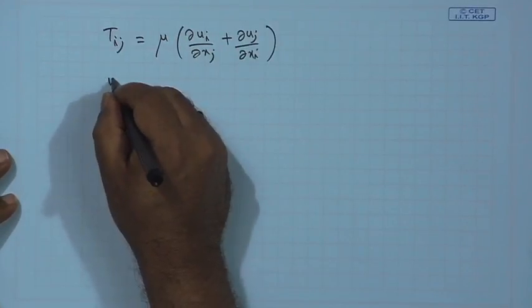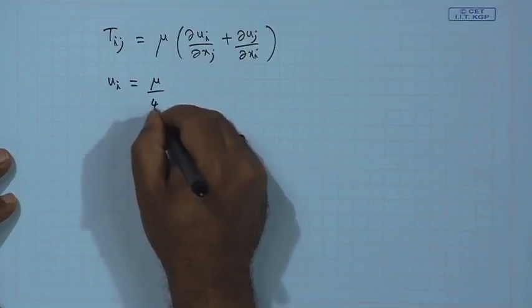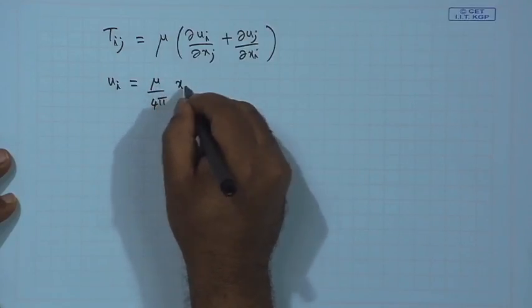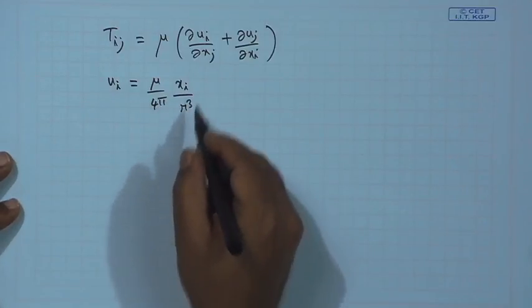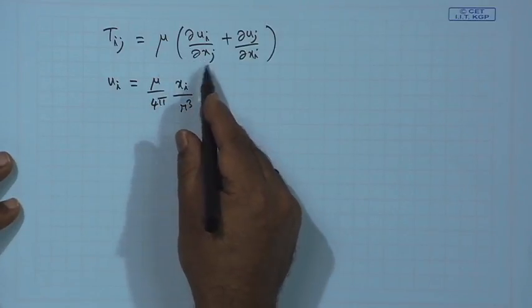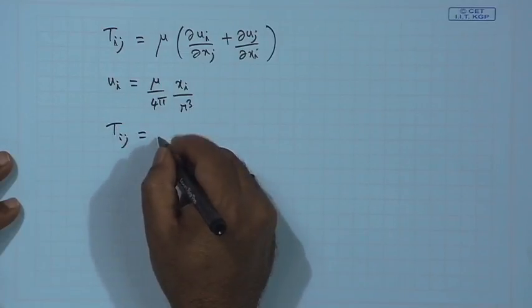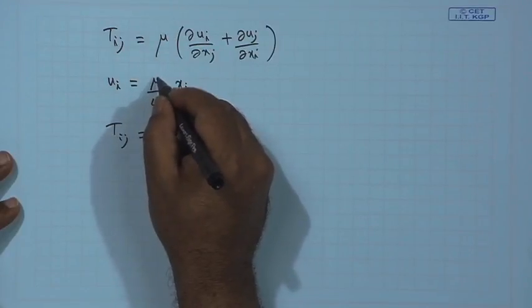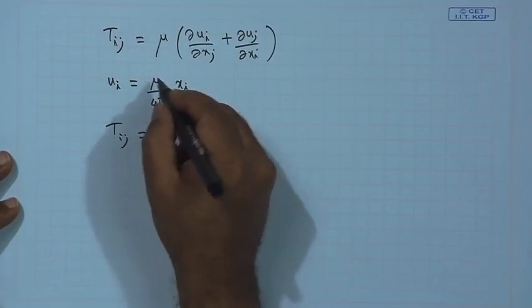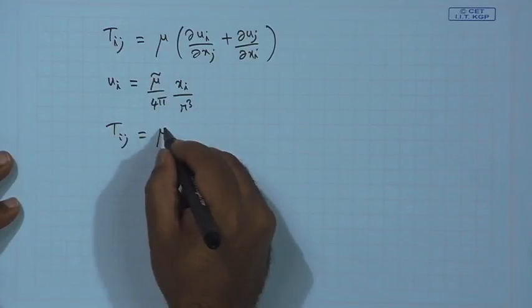Now we have u i is mu by 4 pi x i by r cube. So, we can compute the corresponding stresses, T i j. This mu is viscosity, so let me call this strength some mu tilde, otherwise it will be misleading.